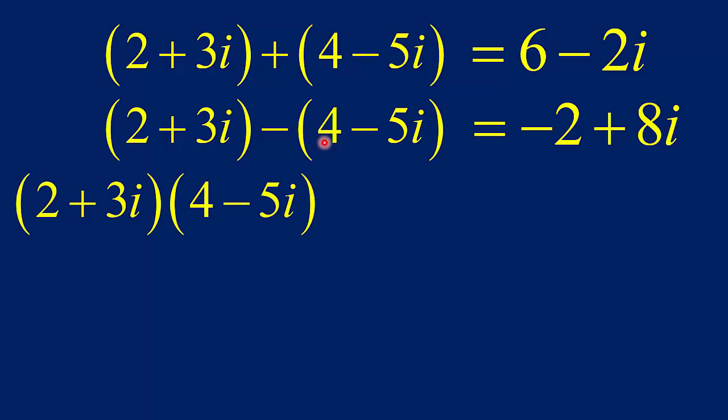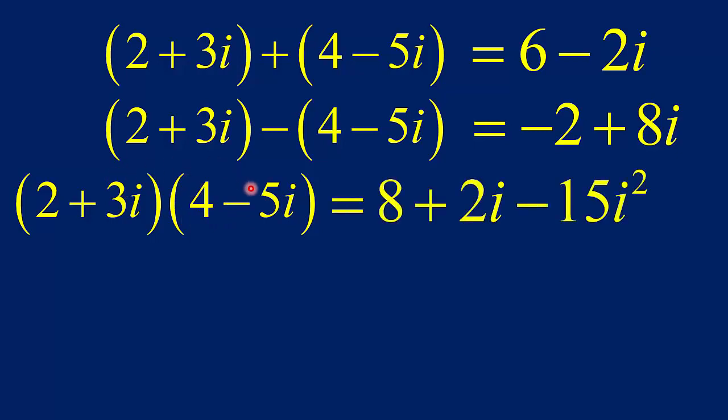We've got multiplication, and that's just like we always do multiplication. You multiply through, distribute each term in this complex number to each term in this one. See, just distributivity. Or you could call it FOIL if that's what you fancy. But you end up with 8 plus 2i minus 15i squared.